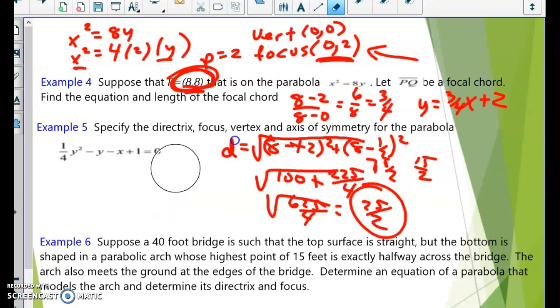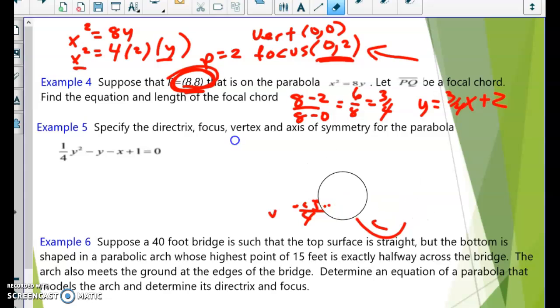All right, so let's get rid of that and see if we can do this one in here. It says, find the directrix, focus, vertex, and axis of symmetry for the parabola. So what we're going to need to do is complete the square to get it in vertex form so I know where I'm looking at it.